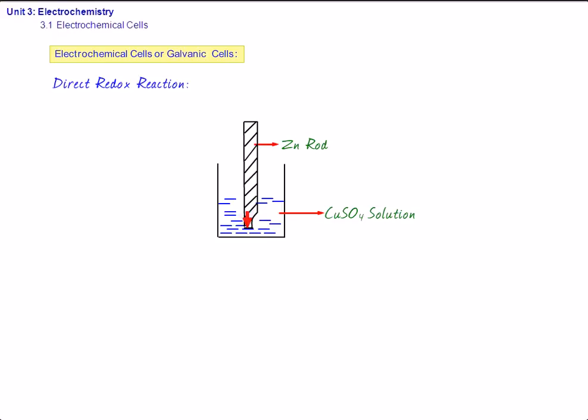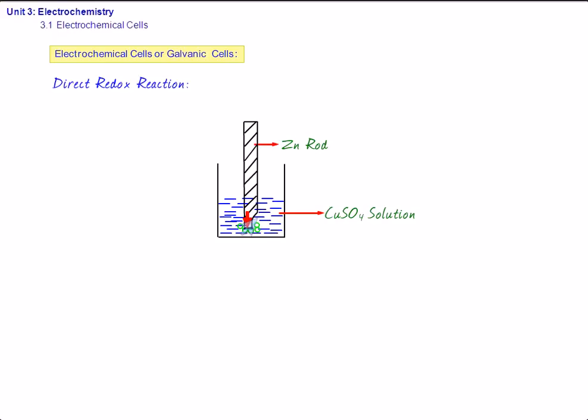Copper sulfate solution is an intense blue colored solution, so when you put the zinc rod, the color fades. Then the copper is deposited here. And the most important thing which I want to stress here is that the temperature of the solution is increased, or this solution becomes very hot.